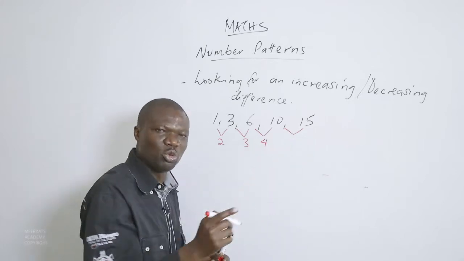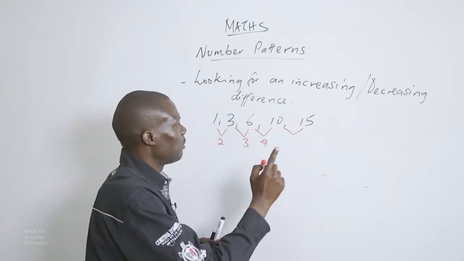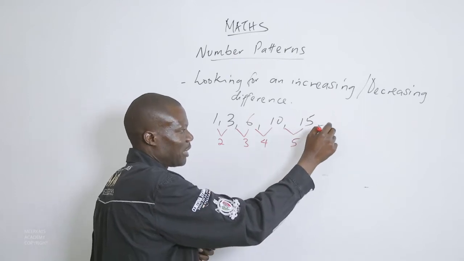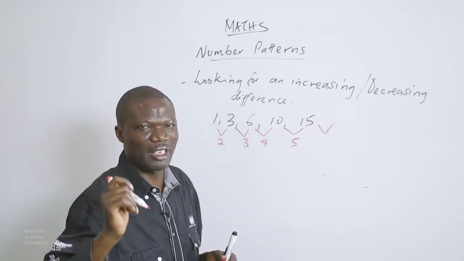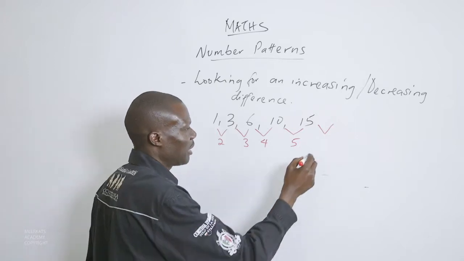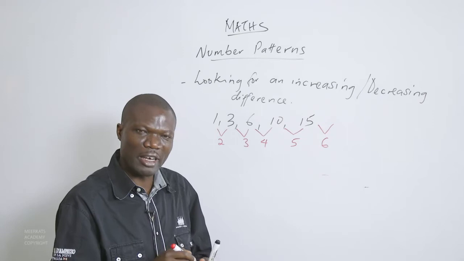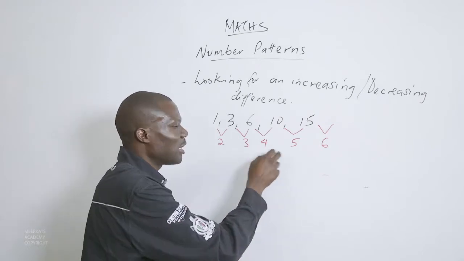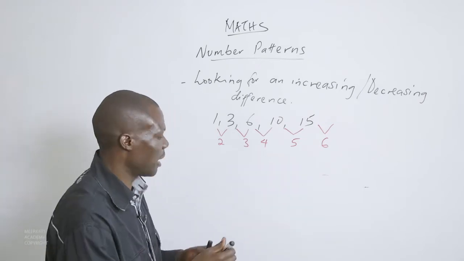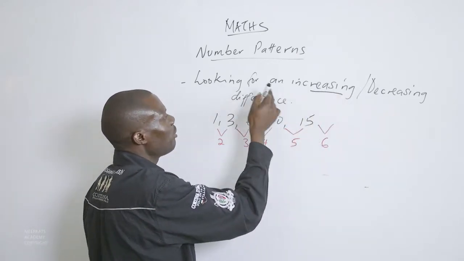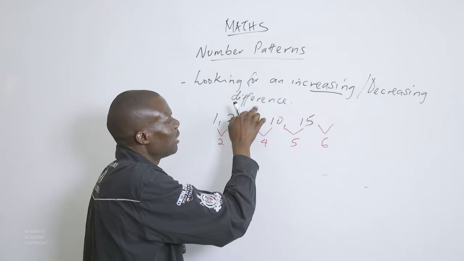And the difference between 15 and 10 is 5. Definitely, the difference between the next term and the previous here is expected to be 6. And now you realize that the difference that is being formed here, in this case, is increasing. We are looking for an increasing difference.